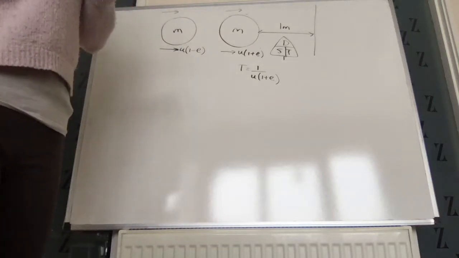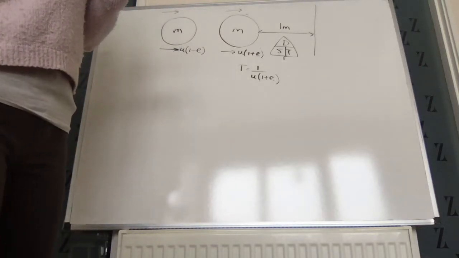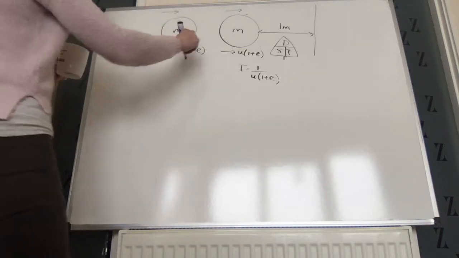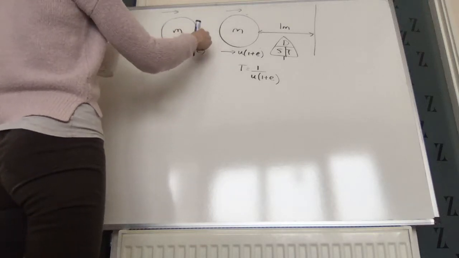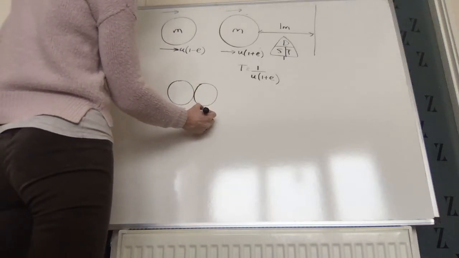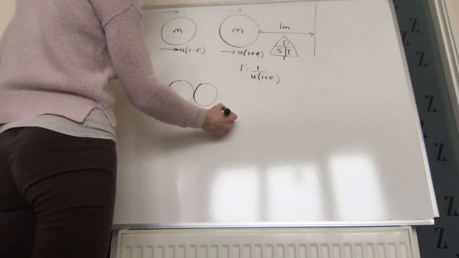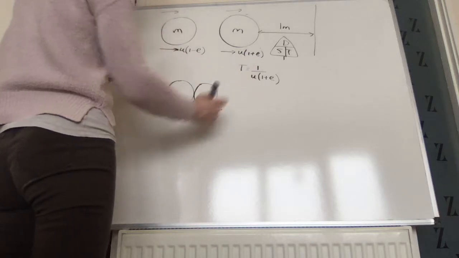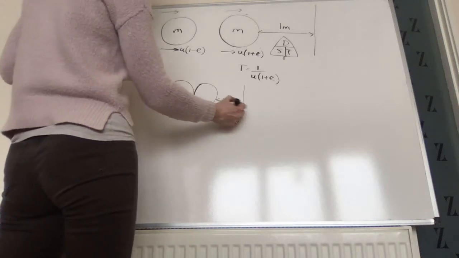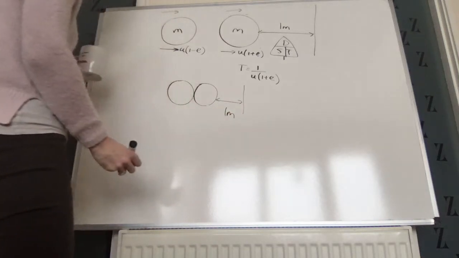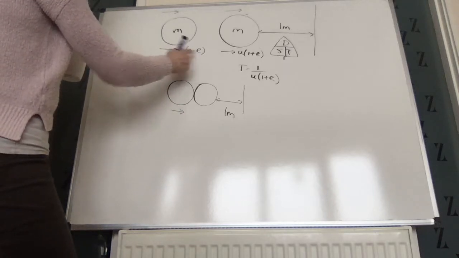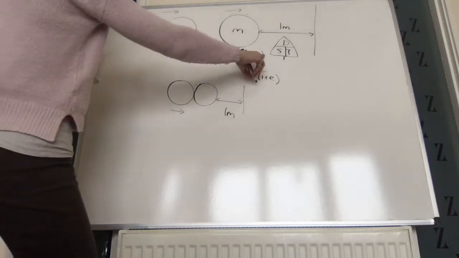And in that time, the spheres are a distance apart. At the instant of their collision, they are together. This one is now going to travel in this direction till it hits the wall. So it's going to travel for that time, and in that time it has travelled 1 meter. This one, on the other hand, is going to have travelled u times 1 minus e for that length of time.